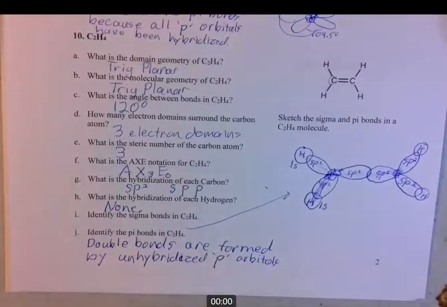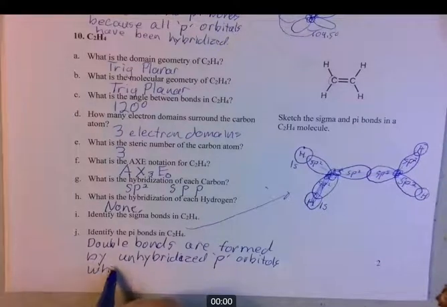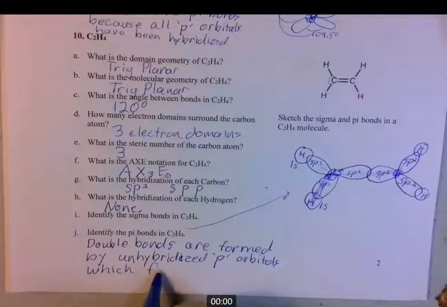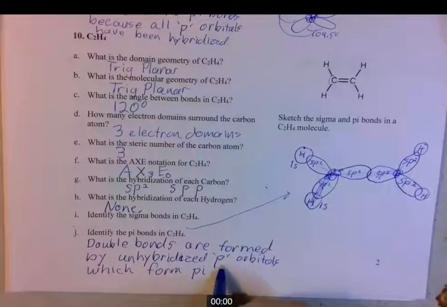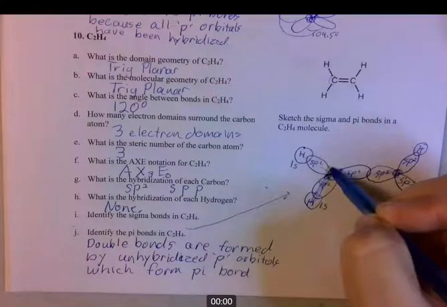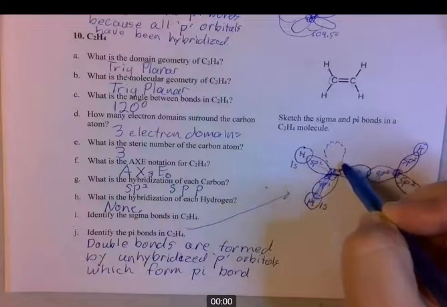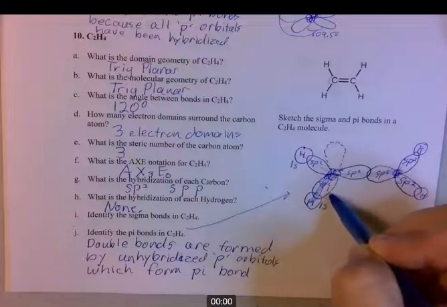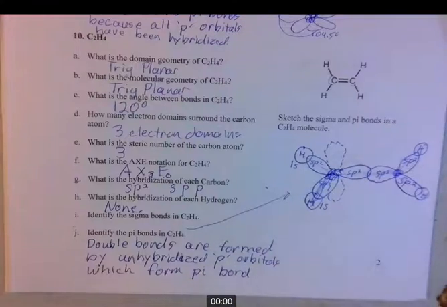Remember we said that, and this is very important, these form pi bonds. And remember we said that pi bonds do not lie on an internuclear axis, so where do they lie? Well, the unhybridized orbital, I'm going to draw it as a dashed line. The unhybridized p orbital, and we can call this the py orbital, it doesn't matter which one you call it. It goes like that. It looks just like it looked before these two atoms got together.